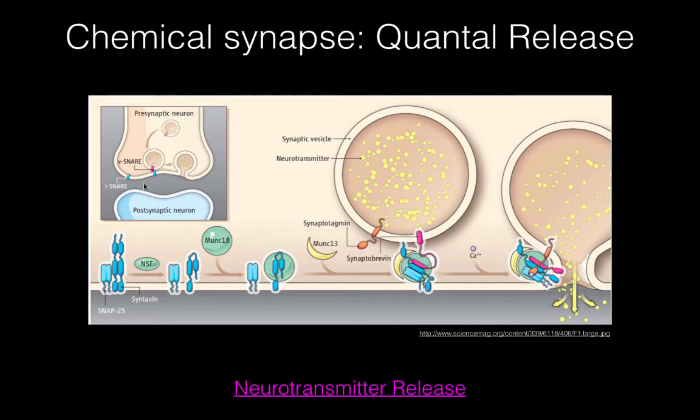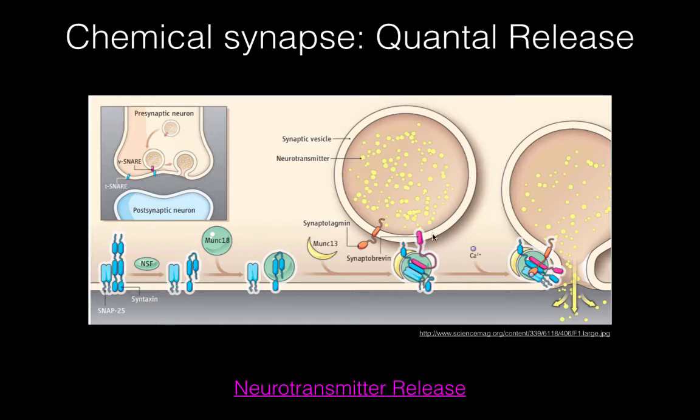Some of these SNARE proteins on the plasma membrane include SNAP25 and syntaxin, as well as synaptobrevin, shown here in pink. When SNAP25 and syntaxin bind together, they allow for a major complex to form. When this complex forms, synaptobrevin is pulled into play and allows for the interaction with the vesicular membrane.